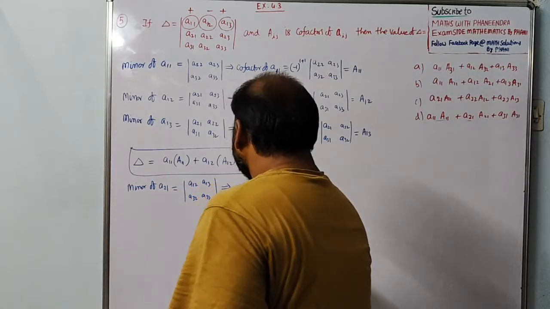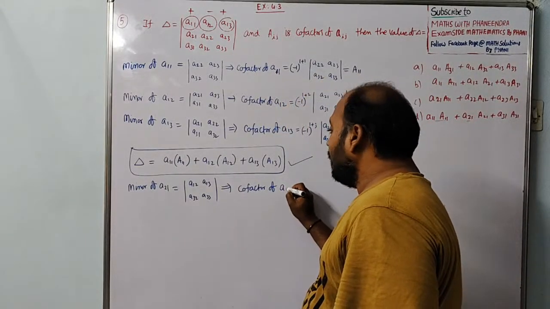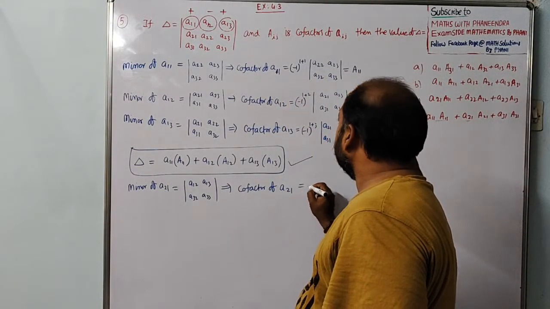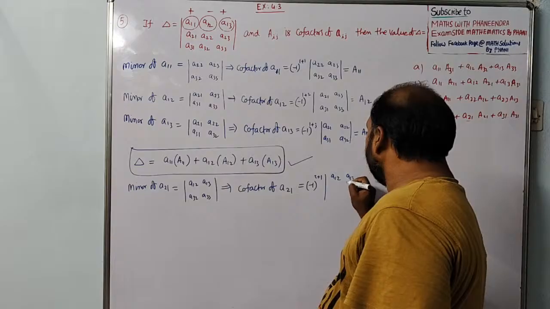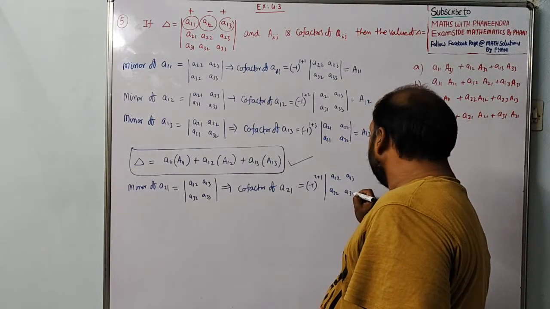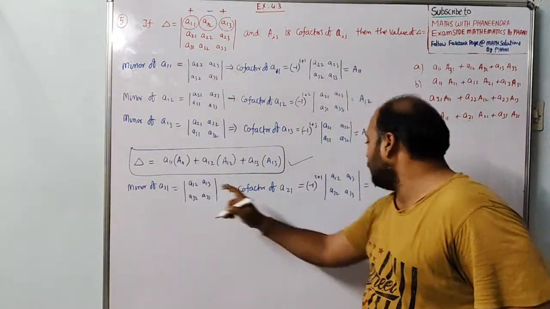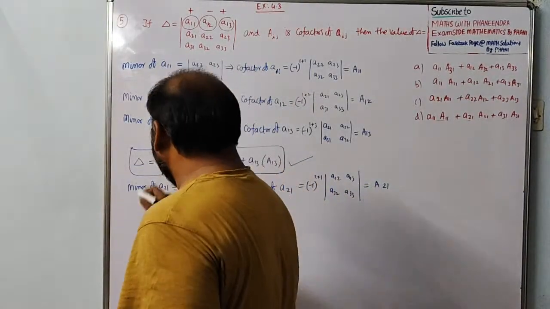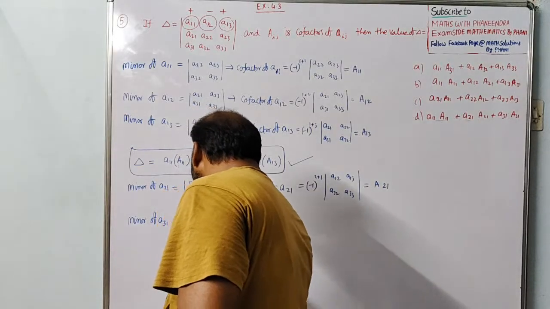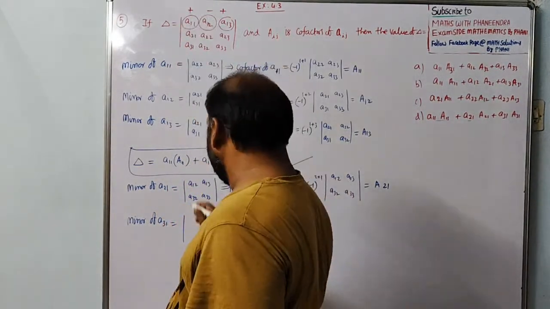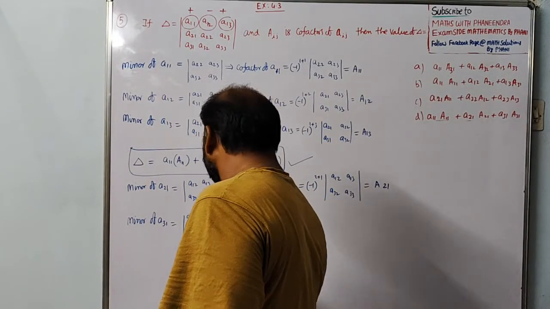That implies cofactor of A21 is minus 1 whole power 2 plus 1 and det A12, A13, A32, A33, that is equal to capital A21. Next, last one, A31, minor of A31 is equal to, eliminating this row and this column, A12, A13, A22, A23.